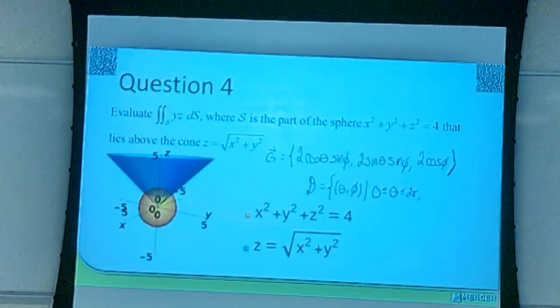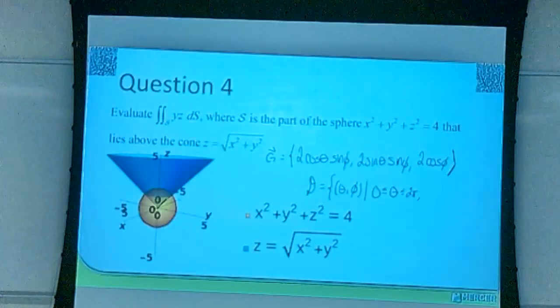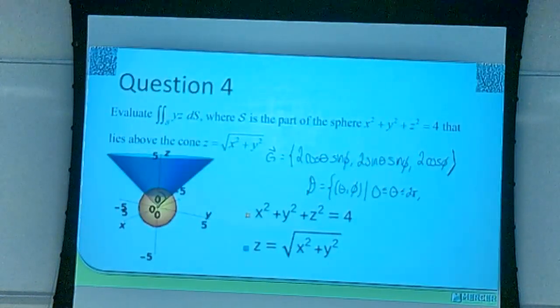Form that line. Phi is the angle that that line makes with the positive z-axis. You have to figure out what it is. It's actually not that hard to figure out.